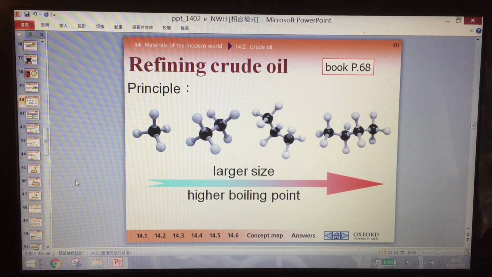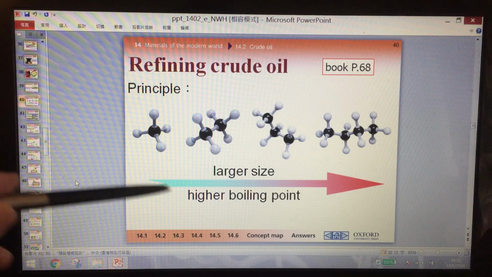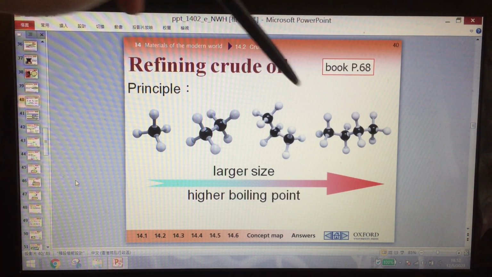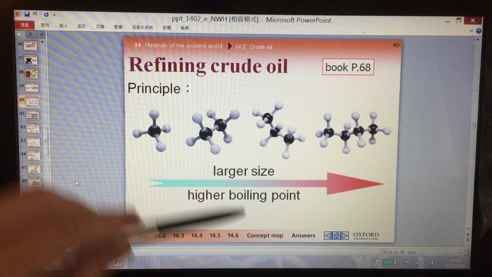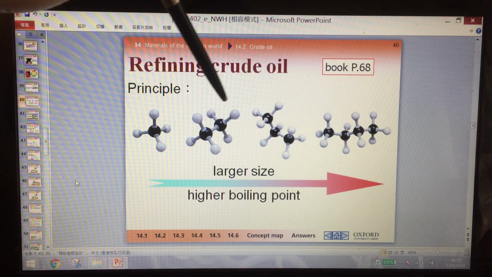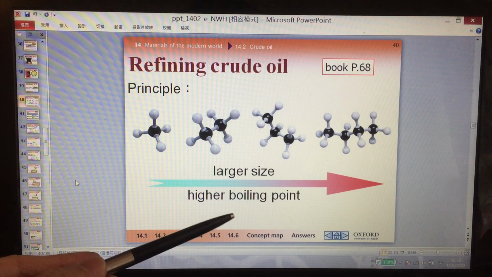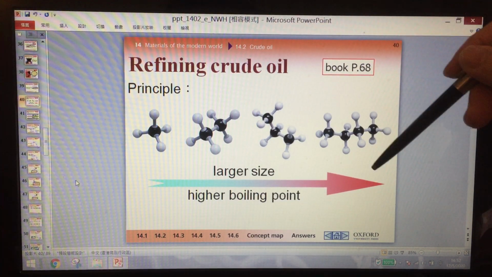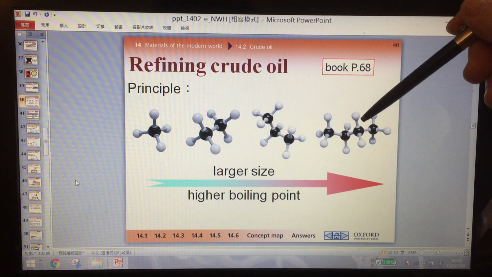So the principle is that if the molecule is very small, the boiling point is very low. If the molecule is larger, the boiling point is higher. Okay, so if the size increases, the boiling point also increases. So as we go to the right hand side, the size is larger and the boiling point is higher.